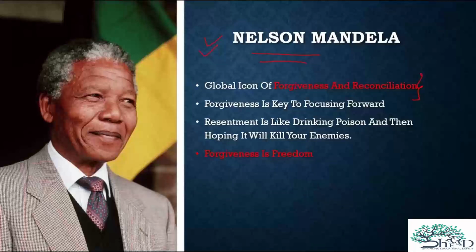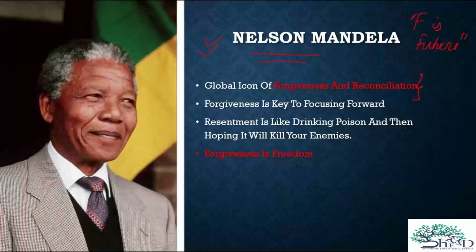He could have gone for a full-fledged mission against the white people, but he didn't. He forgave them, and he said that forgiveness is the key to focusing forward. Forgiveness is future. You can use this as a tool in an essay also.